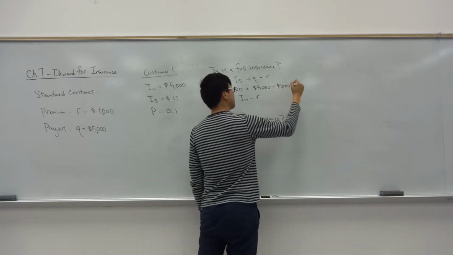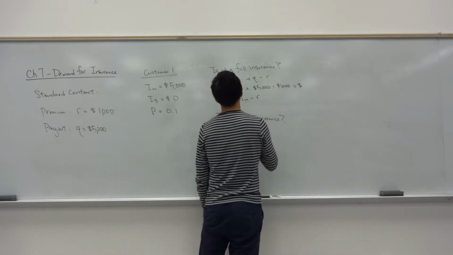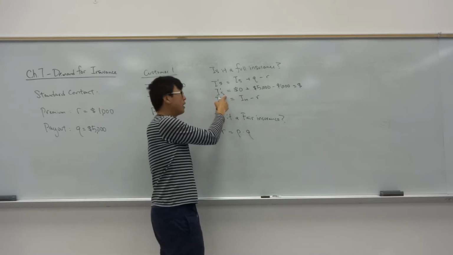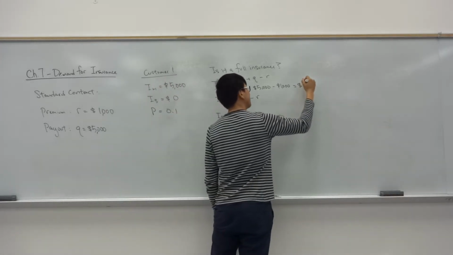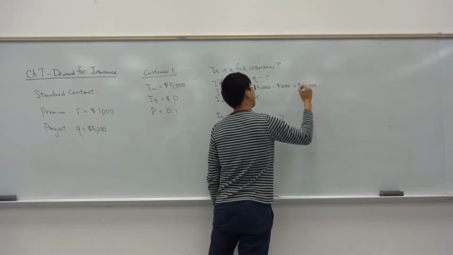So in this case, the total sick income with the health insurance package is $4,000.